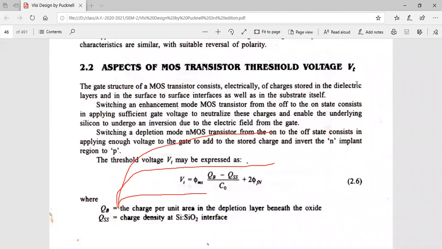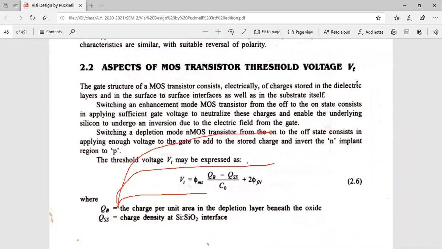How can we reduce the threshold voltage? We have to know that with the help of the aspects of MOS transistor threshold voltage discussion, right? So what are the parameters involved in this threshold voltage? We have NMOS transistor and PMOS transistor, and both will be working in the enhancement mode and the depletion mode. To change an enhancement mode MOS transistor from the off state to the on state, we require a sufficient amount of gate voltage to neutralize the charges.